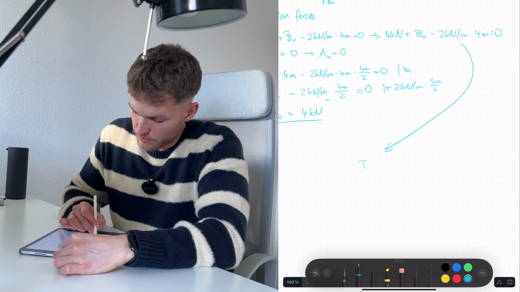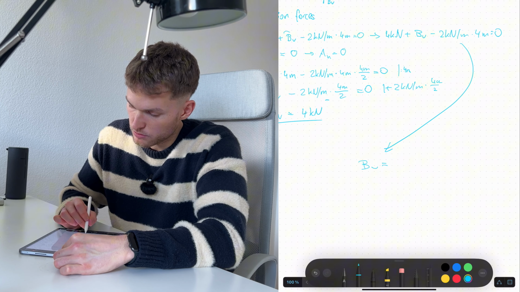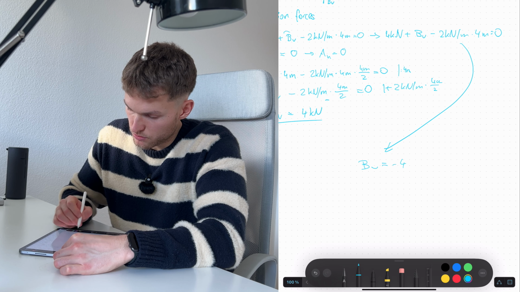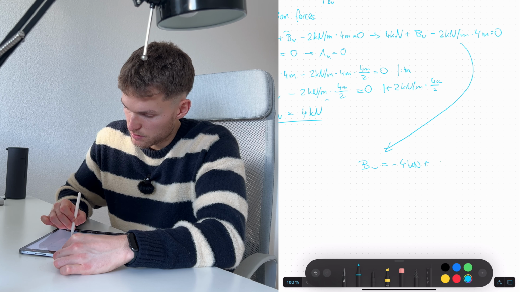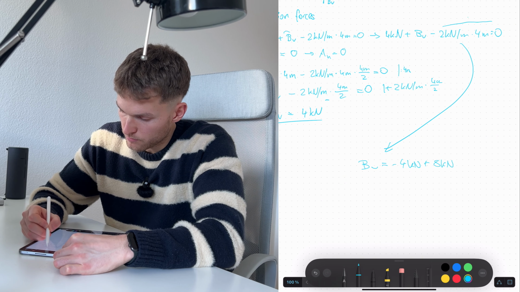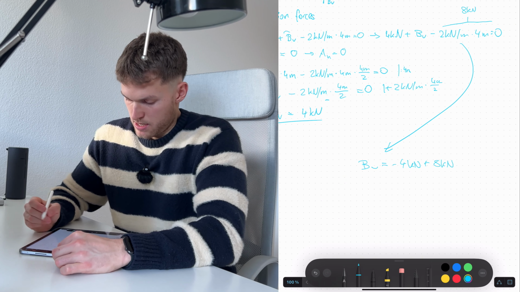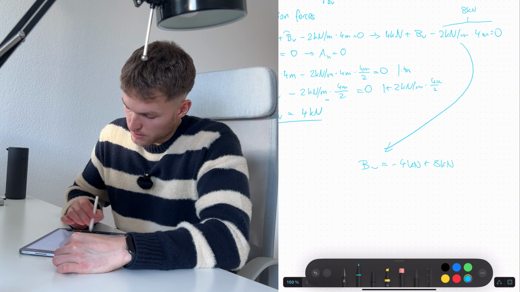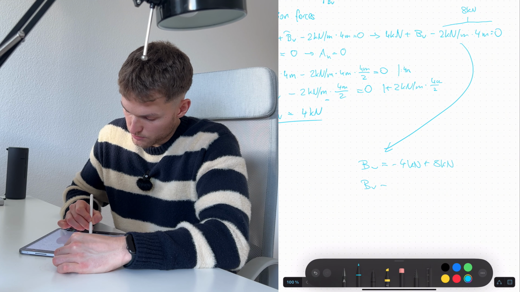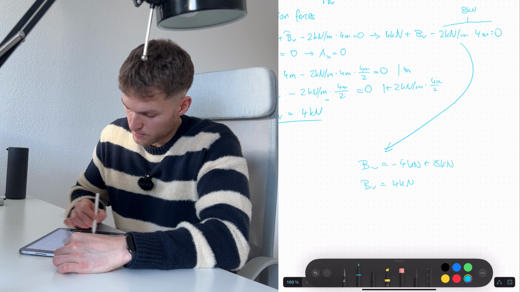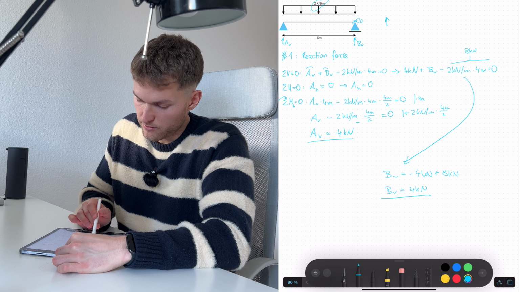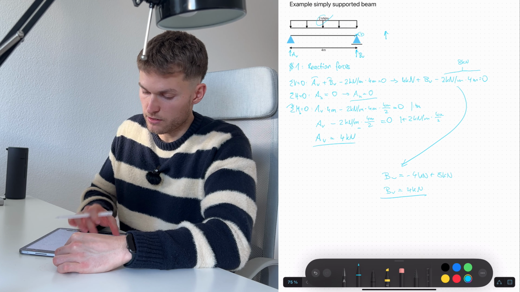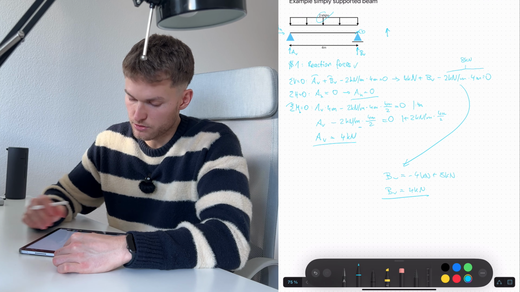We solve it for BV, then we have BV equals minus 4 kilonewton plus 8 kilonewton, because this one here is 8 kilonewton. Yes, and that is BV equals 4 kilonewton. Great, so we have BV, we have AV, and we have AH. So we calculated all reaction forces.